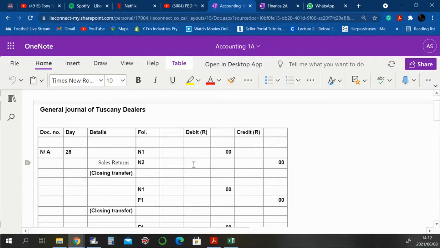Okay, anyway, and then we need to plug in the amount there on the credit side, which is 1,000.